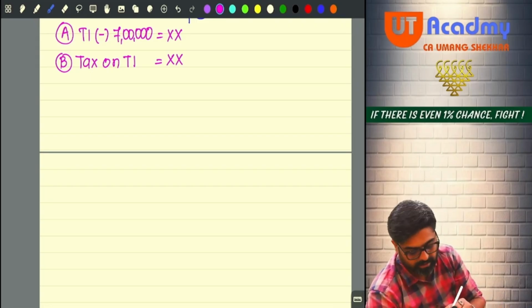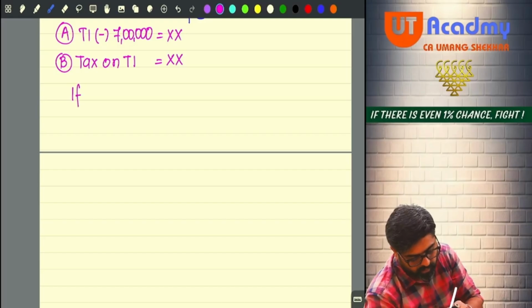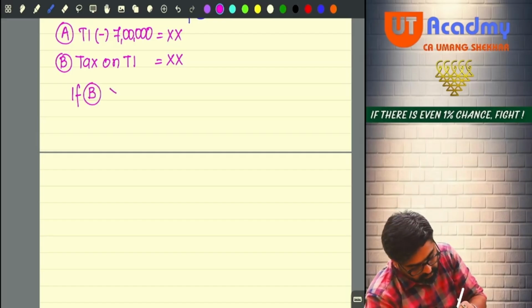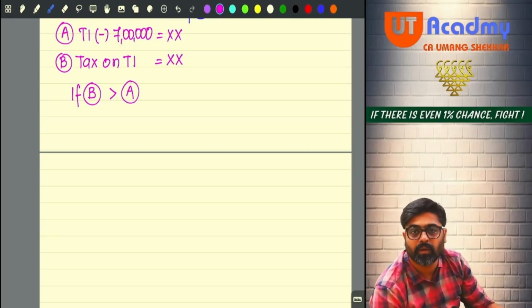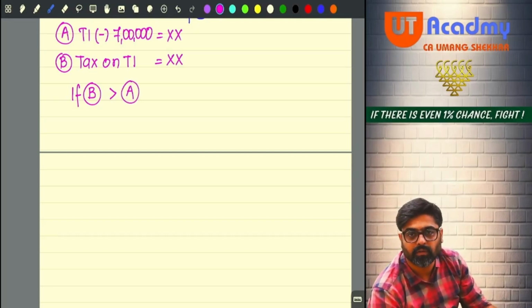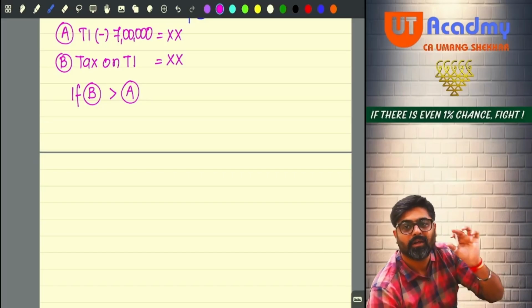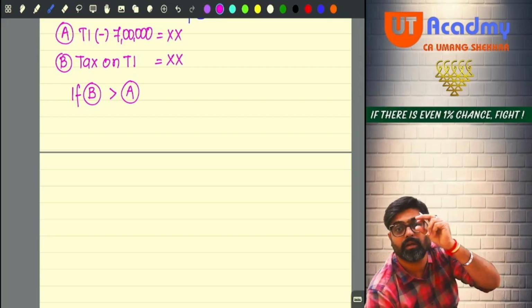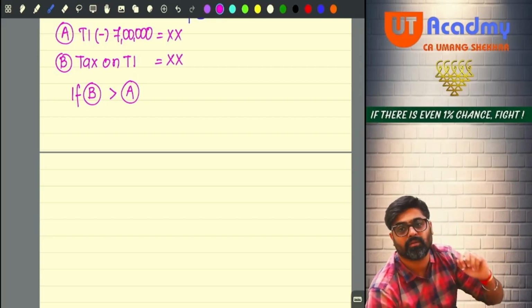Now you will have to check. If the tax amount on your total income, which is B, is higher than the increase in your total income over and above 7 lakhs. How much was the increase? Tax is 20,500, but your total income is only increasing by 5,000.